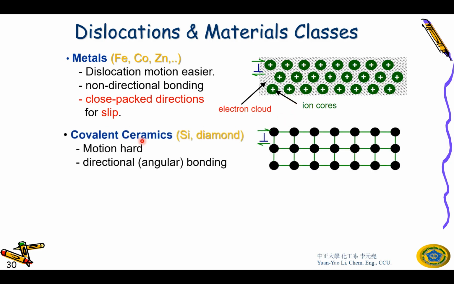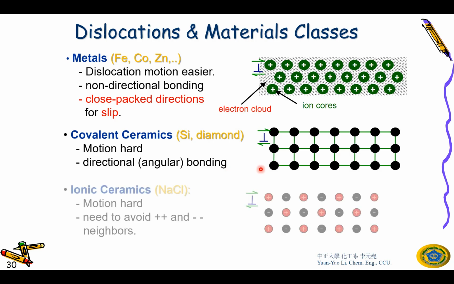For the covalent ceramics, which can be silicon or diamond, this is covalent bonding, and the bonding energy is higher than in metals, basically. So motion is hard because you have directional bonding.